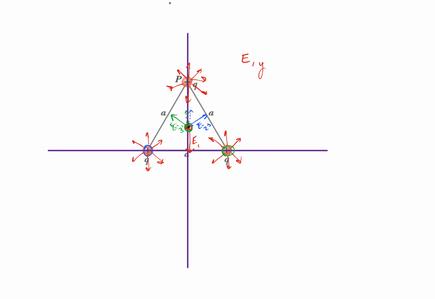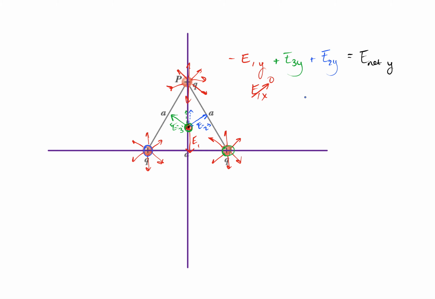So if I'm just adding up the y components, I would say E1 in the y, which is negative, plus E3 in the y, which is positive because that component's pointing up, and then plus E2 in the y, which is also pointing up, and that's going to equal E net in the y. Now, I would do the same for the x dimension. So E1 in the x is 0 because it's pointing neither left nor right at all. It's just pointing straight down, so I'll leave that out.